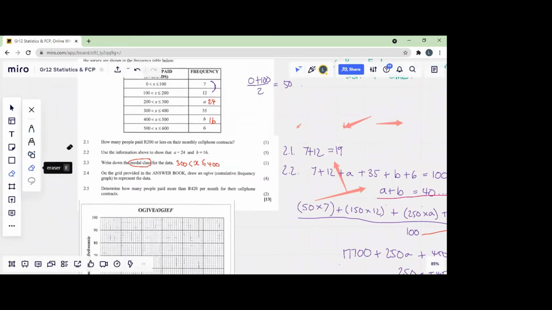There's something we've got to do before we can draw our ogive. And I mean, obviously, this would be in your answer book. There would be a place for you to be able to do this. But here, we're obviously going to have to identify the independent variable. What's going to be your independent variable, Melokule, in this case?